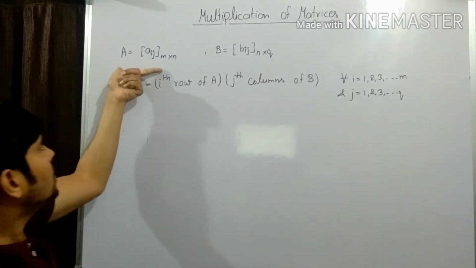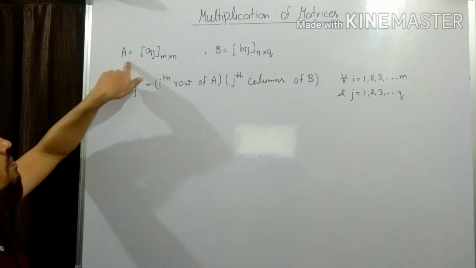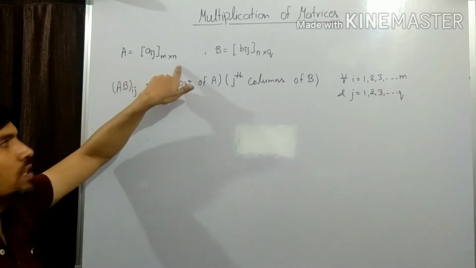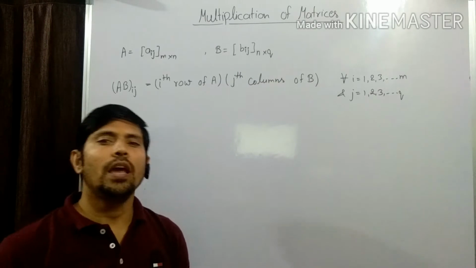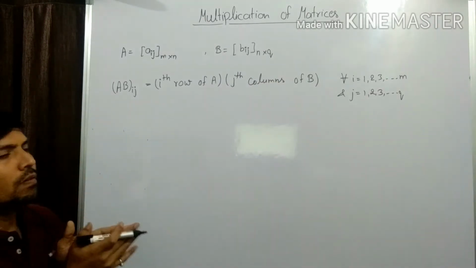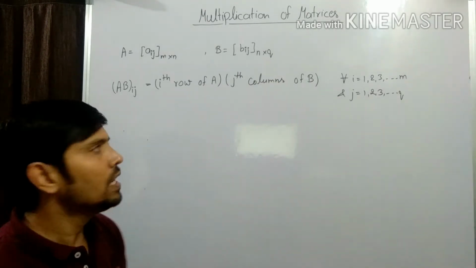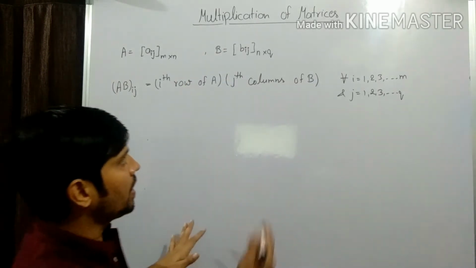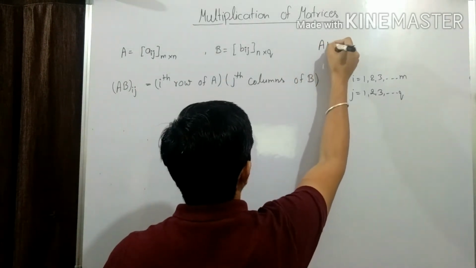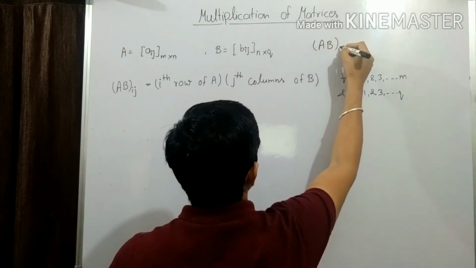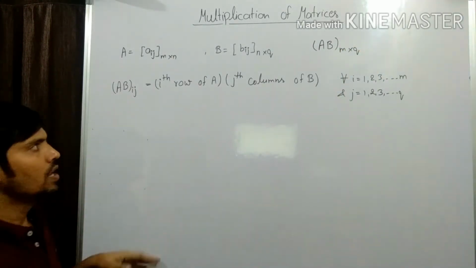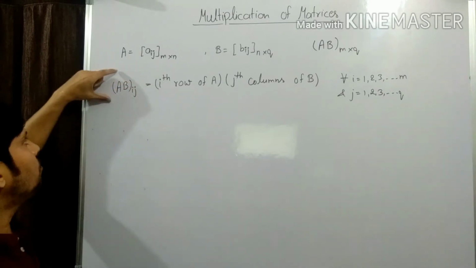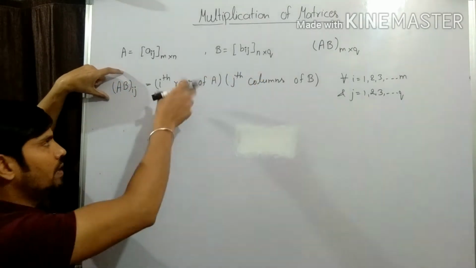See, this A is a matrix of order m cross n and B is a matrix of order n cross q, and we have to multiply them. Then we know that A into B is possible, and the order of this matrix is m cross q, as we have discussed earlier. Now we are going to find one element of this matrix AB.